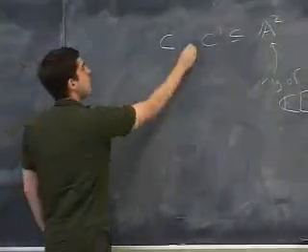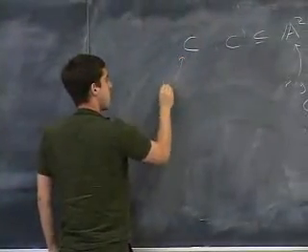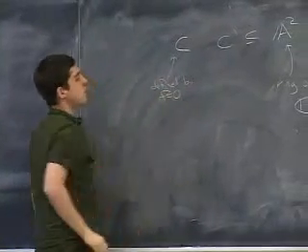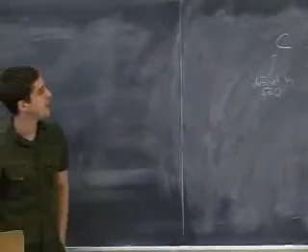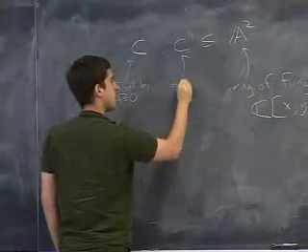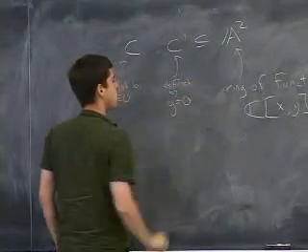And now C and C prime are defined by polynomial equations. So C is defined by the equation f equals 0, where f is some polynomial in x and y. And C prime will take to be defined by the equation g equals 0.